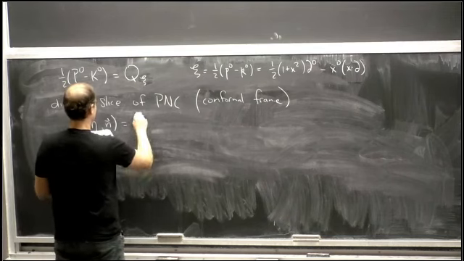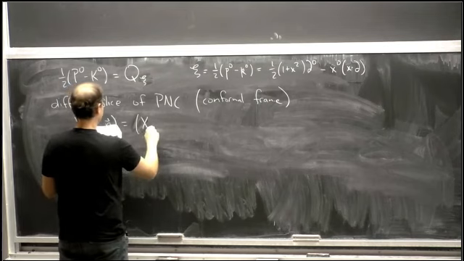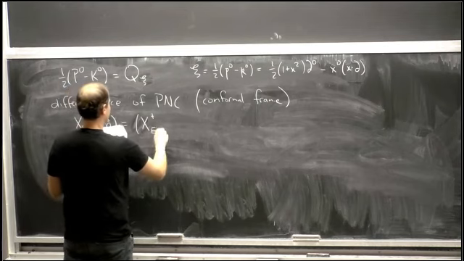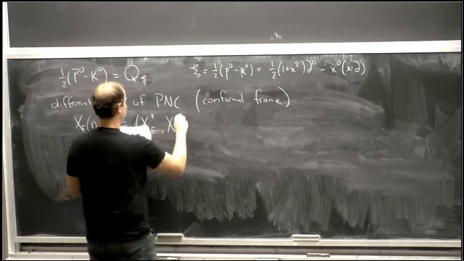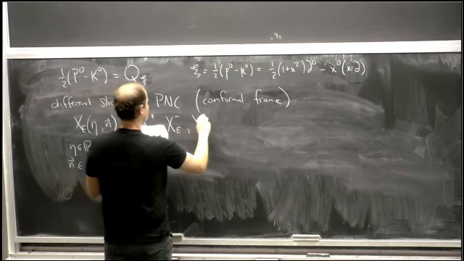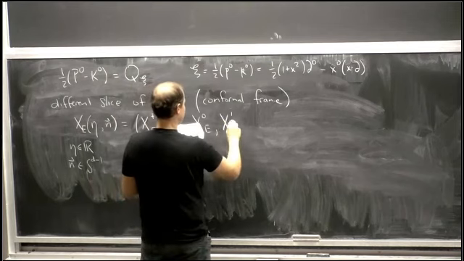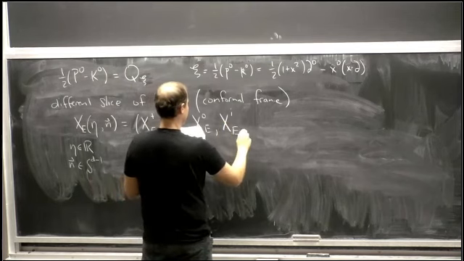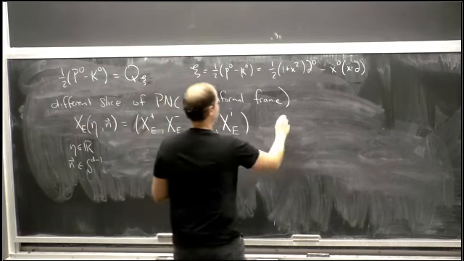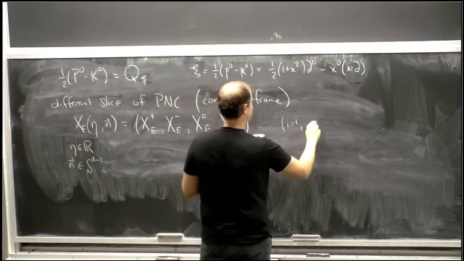Let me write out the coordinates of xe, just to remind you. x plus, x minus, and I'll single out the x0 coordinate, because that's going to be one of the most interesting ones. And then the spatial coordinates, where i runs from 1 to d-1.